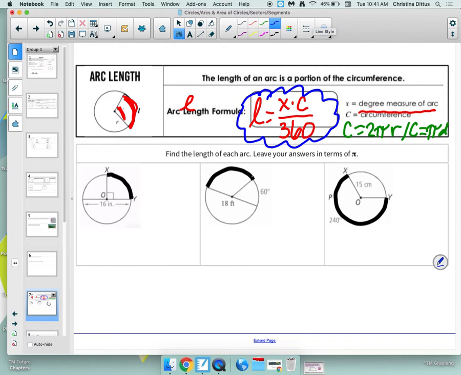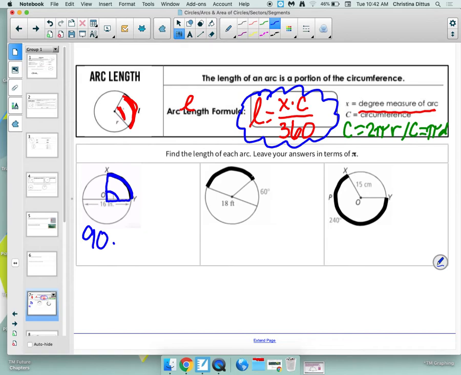So to find arc length XY, do you like how dark I made these? Isn't that nice of me? So you know what I was talking about? XY, the first thing you need to find is your degree. This arc is made up by this angle right here, which is marked with the square, which means it is 90 degrees, times our circumference.